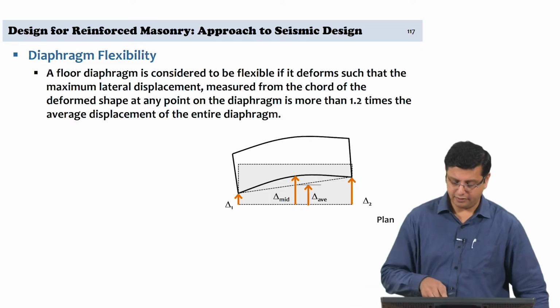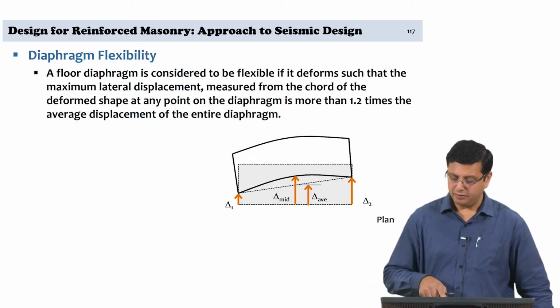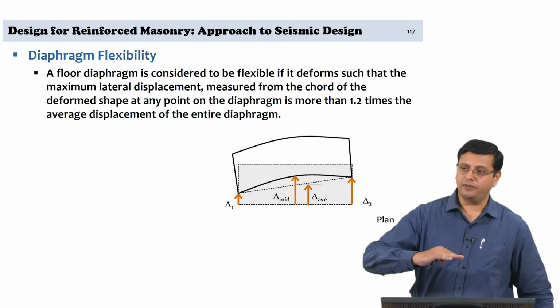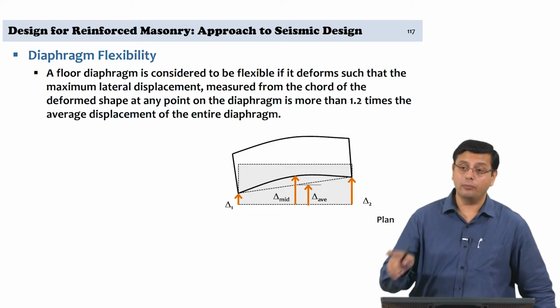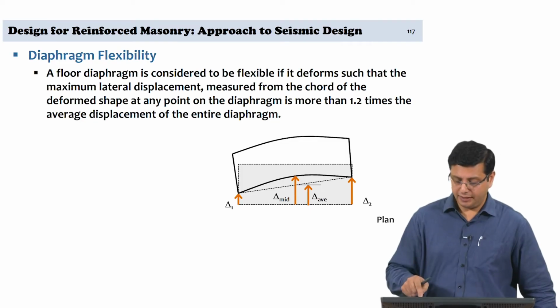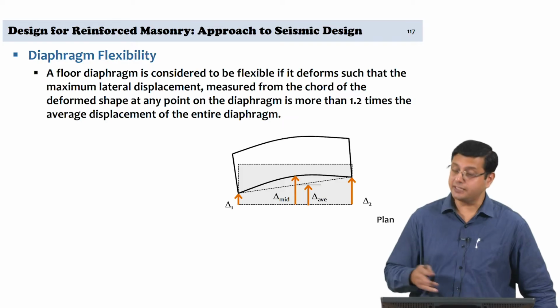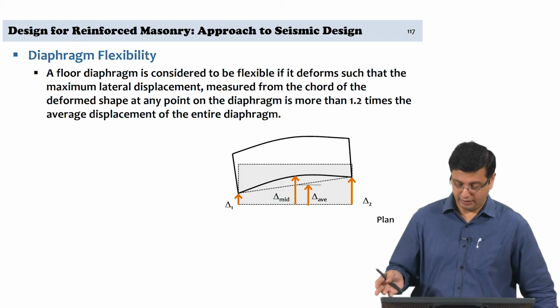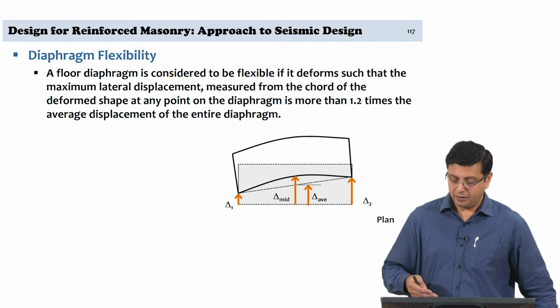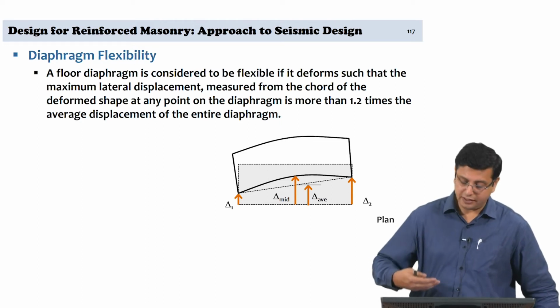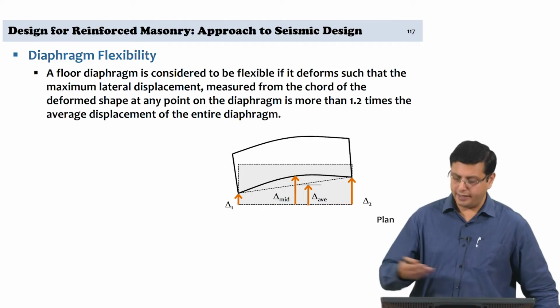So, if you look at the gray box with the dotted lines, that is the original configuration, but then under the action of lateral forces the diaphragm is deforming in plane. Okay. With the diaphragm deforming in plane, the end displacements of the diaphragm are delta 1 and delta 2, they are unequal values, but you get a significantly different displacement at midspan or at any other locations.